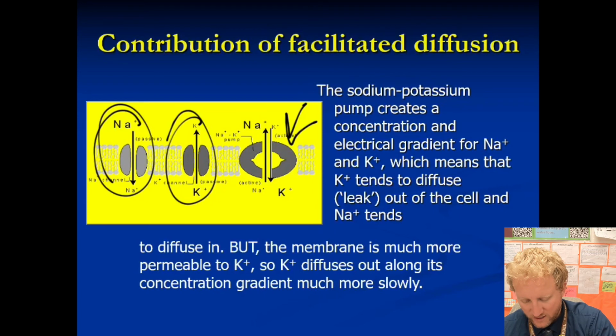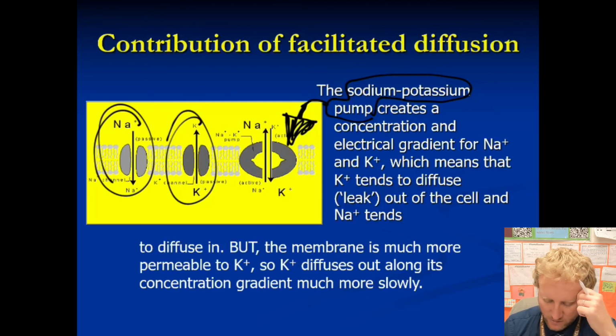This thing right here is our sodium-potassium pump. That's going to push things against the concentration gradient.